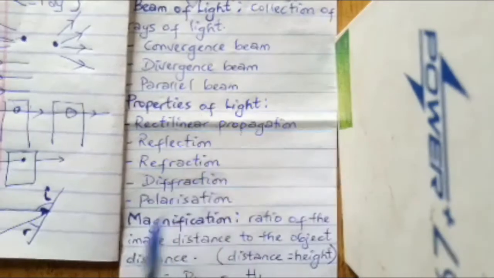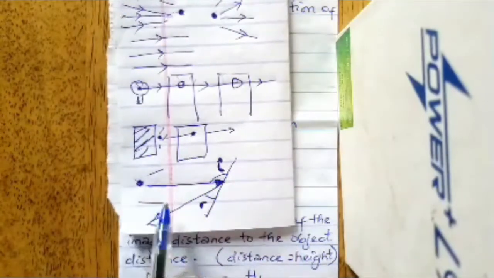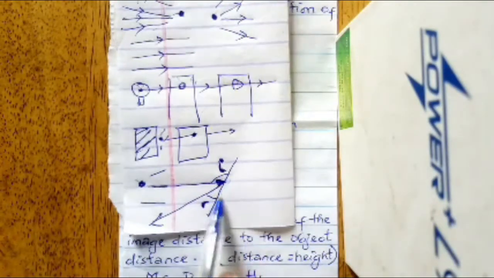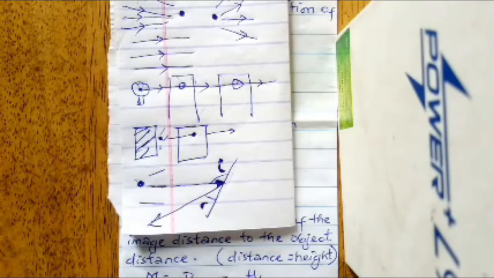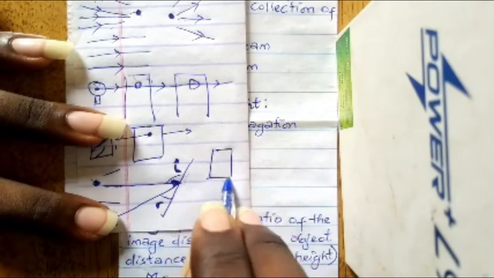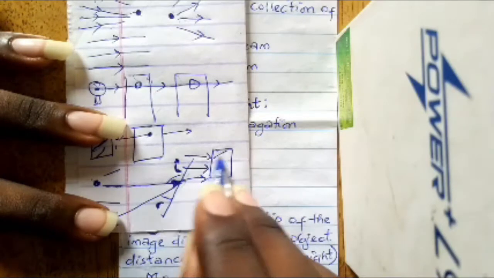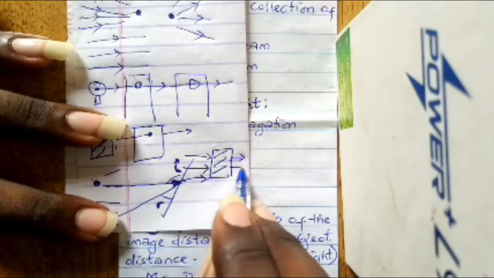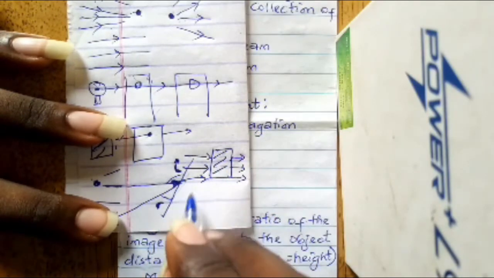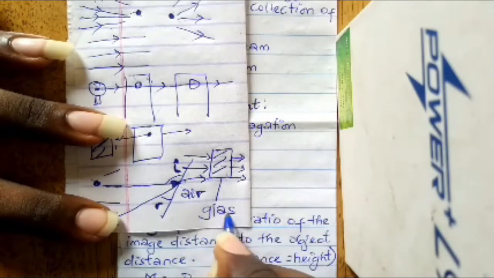Now for refraction, let's say refraction is the ability of a light wave to be propagated from one medium to another. In the case of reflection, it hits an obstacle and changes direction, it is being reflected. Now for refraction, I'm talking about the ability of the light wave to travel from one medium to another. Light waves coming from air pass through glass.